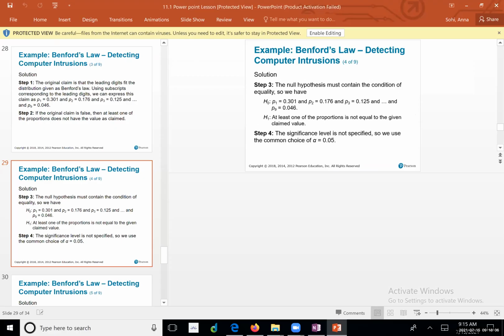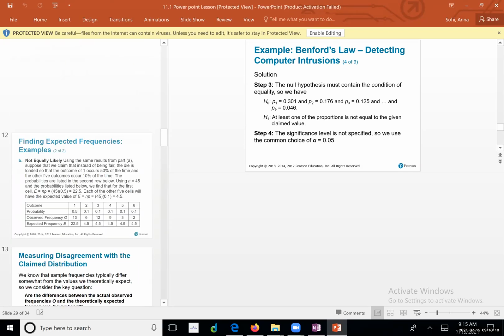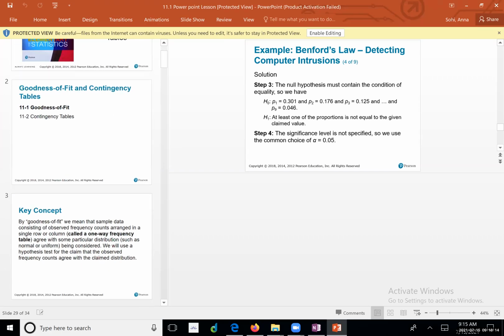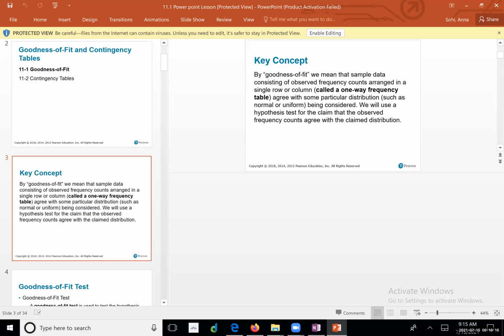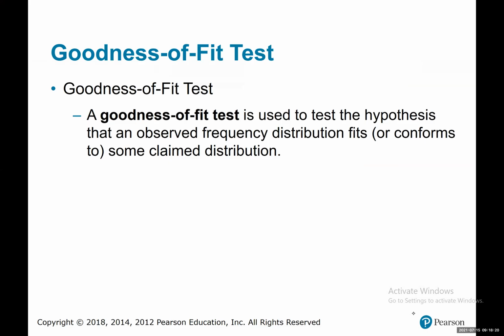To the first page. Okay. Goodness of fit test is used to test the hypothesis that an observed frequency distribution fits some claimed distribution.